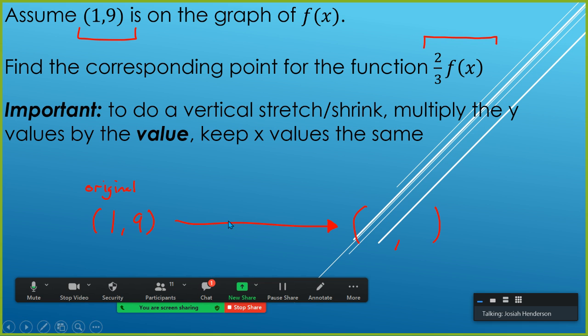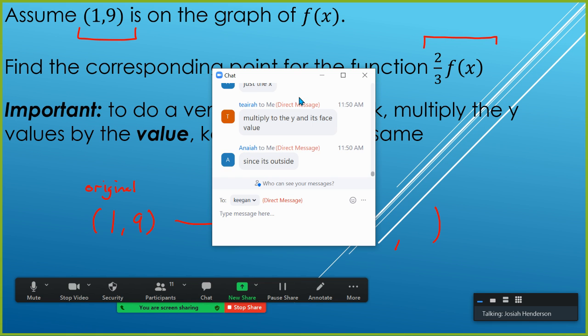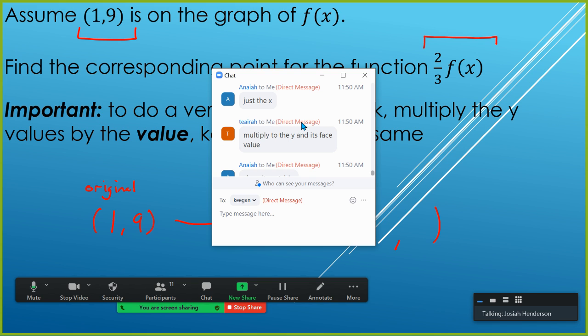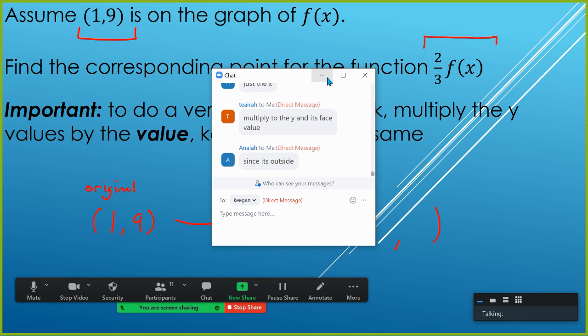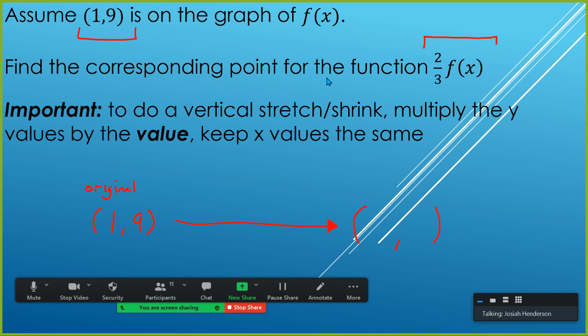In the chat, I see something. Beautiful. Tira and Anaya multiply to the y in its face value. Tira and Anaya, high five. Boom. We multiply this number, the 2/3, to the y. Its face value.